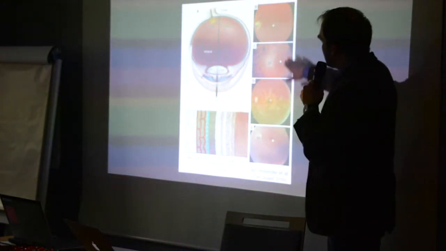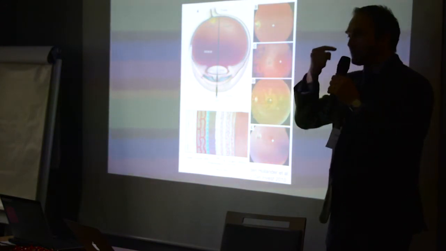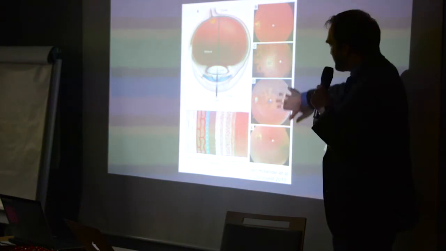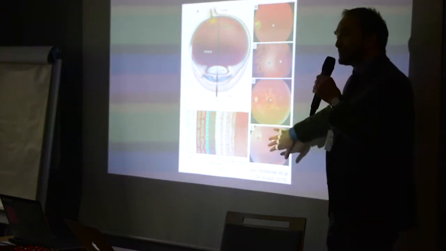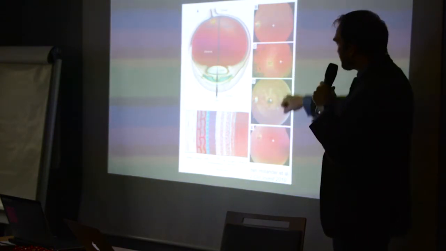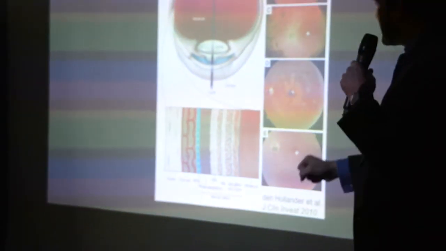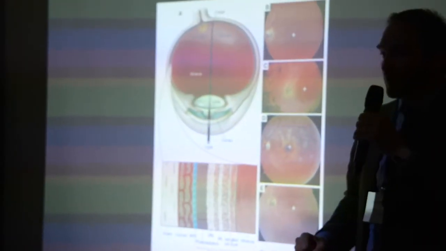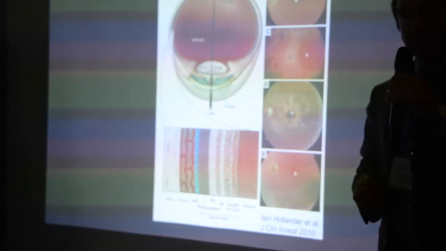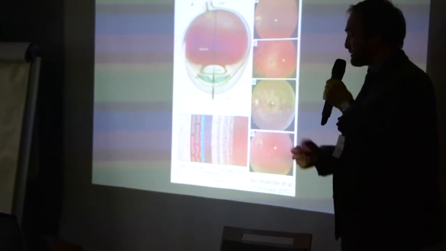Clinically, what we see is this is a normal fundus. So if you look through the pupil into the back of the eye, this is what you see in a healthy individual. And then you have different forms of hereditary retinal disorders. Retinitis pigmentosa is this example, where you have these black pigment clumps that look like the lining of the bone, and that's basically where the name comes from, pigmentosa, and bone spicule pigmentations.